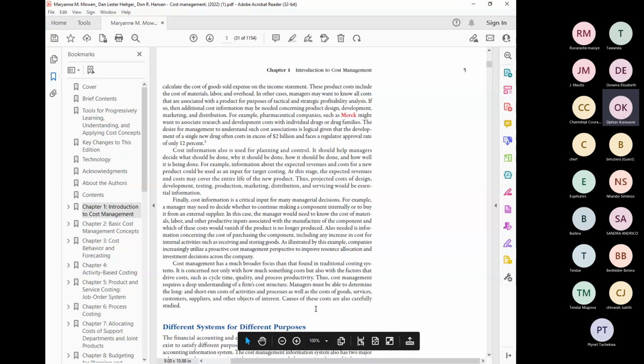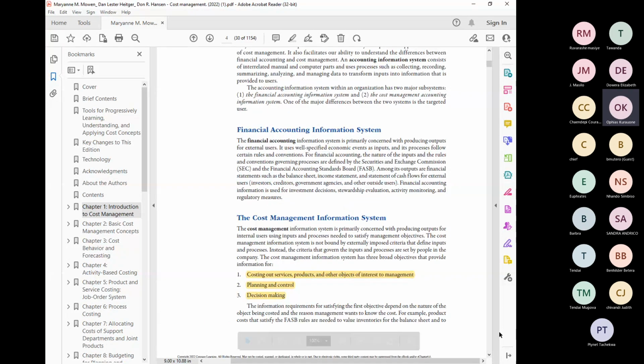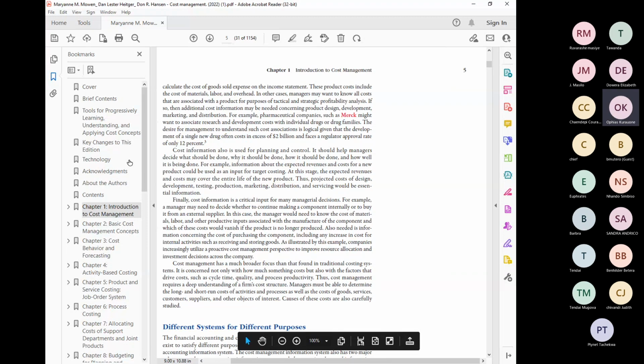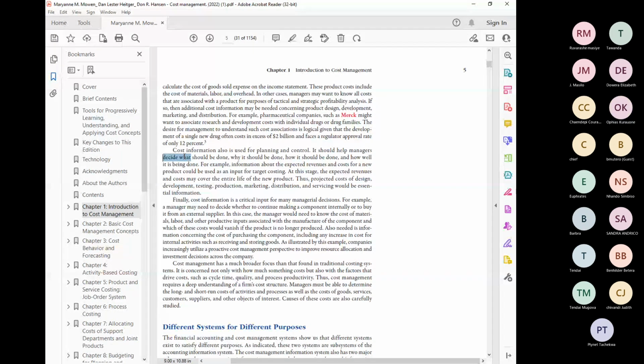So you find out that the cost information is used for planning and control. It should help managers to decide what should be done and why it should be done and how it should be done and how well it is being done.